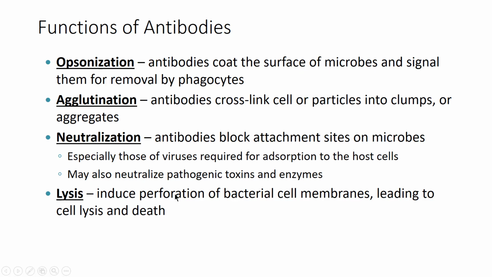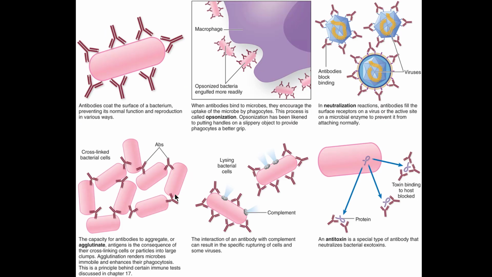Lysis is part of the complement system, and the antibodies play a role in puncturing holes. So those are somewhat broad explanations for each of those, but that's essentially what your antibodies end up doing. And just to reiterate something I said earlier, all of these processes take place in the extracellular environment. Anything going on inside the cell can't really be affected by an antibody.